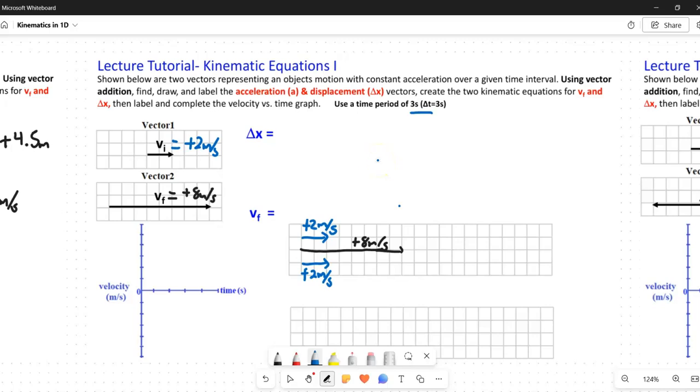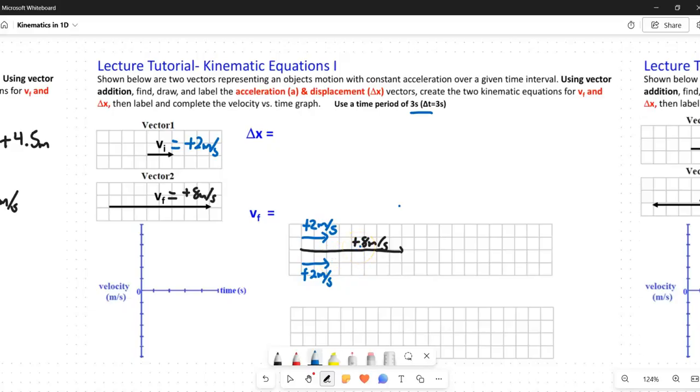So we're trying to figure out the acceleration from this. This is why I like these problems. You have to figure out the acceleration based on the information you're given, and you have to also figure out displacement. You could use whatever way you want. I like using vectors. So what size vector do we have to add to get this positive 2 to be equal to 8?